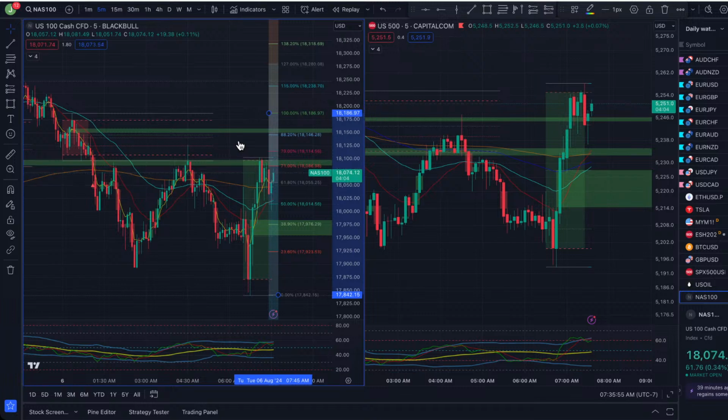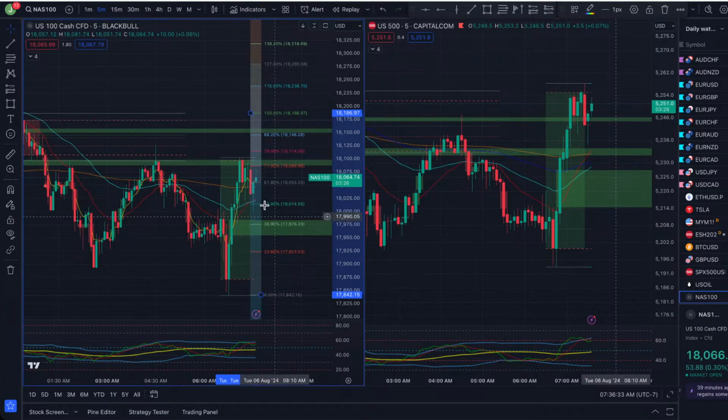Just waiting for confirmation. Literally wicking from both sides, the 50, and then Asia's fair value gap.